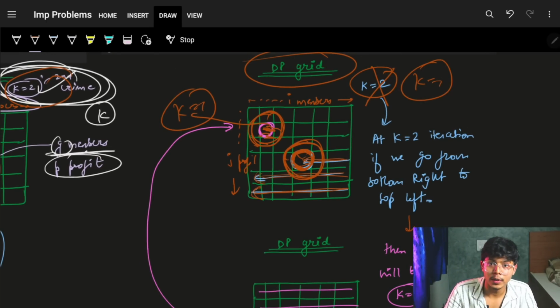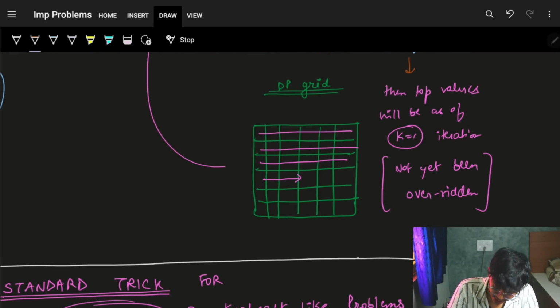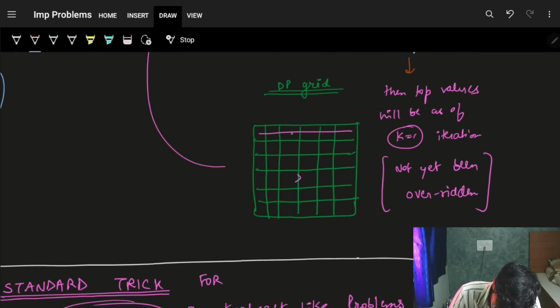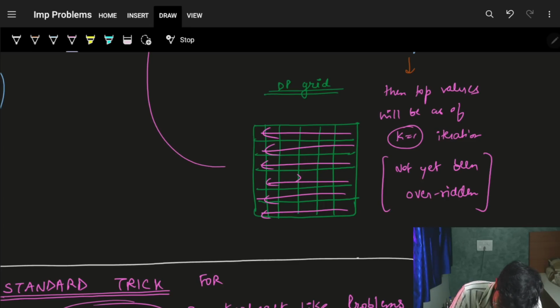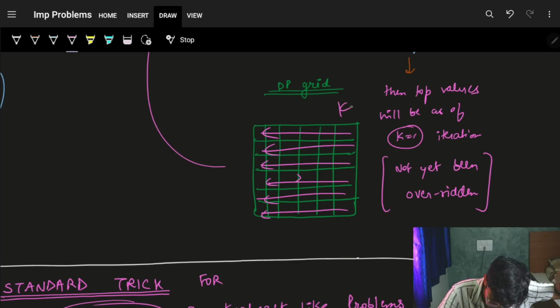In the last iteration, it would have filled my whole array with pink at k equal to 1.